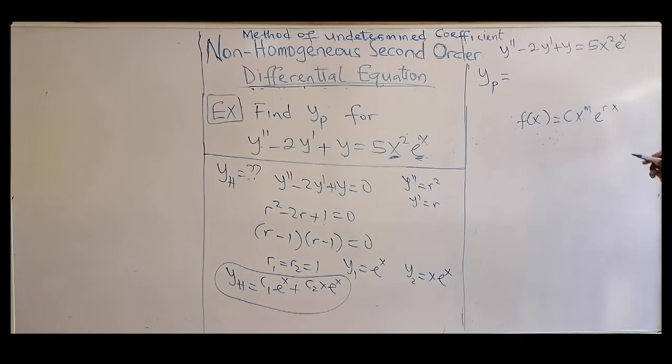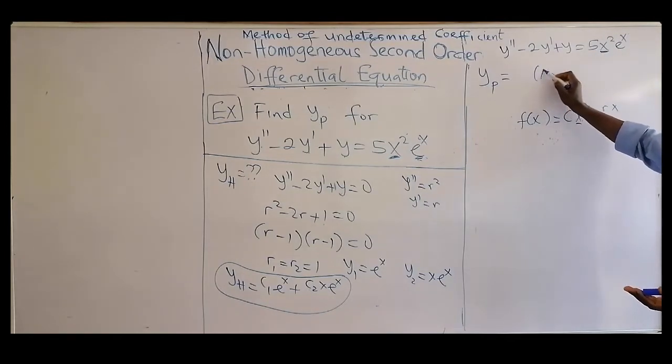The first thing to tackle is the m. Is it power 1? If it's power 1, that means you have a linear expression for your yp. If it's power 2, then you have a polynomial of degree 2, a quadratic expression. This one is power 2, so we are looking at this one first, so that will be quadratic.